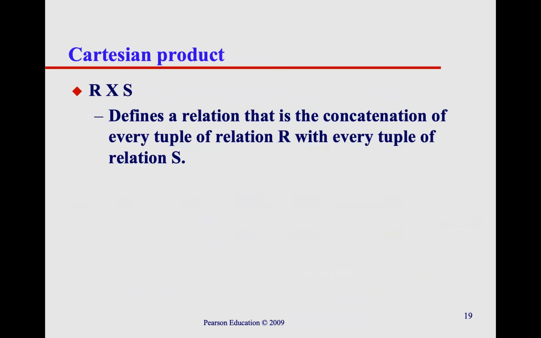Okay, Cartesian product is one of the basic operations. So it's a concatenation of every tuple of relation R with every tuple of relation S. You get that in SQL.